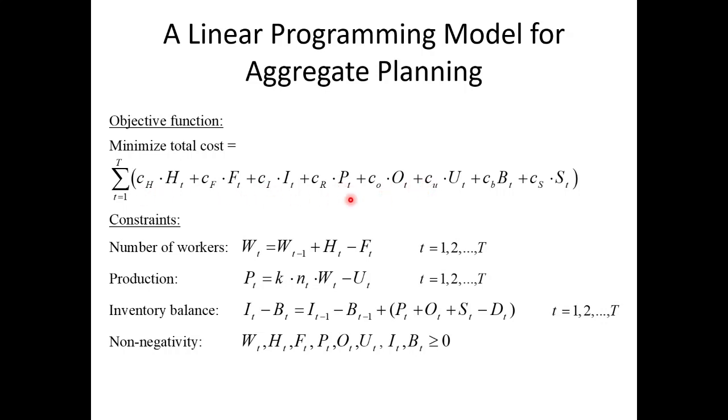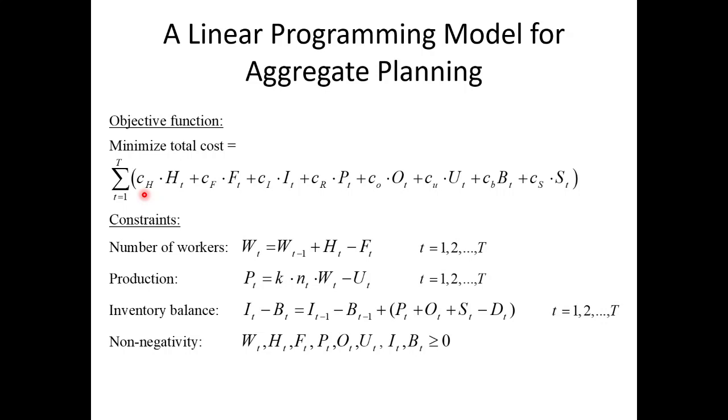Now, all these terms are summed up, and of course, we have a sigma notation here, which means we are summing up the values for all the periods from T equals 1 to capital T. So this is called the objective function of our formulation of the aggregate planning model.